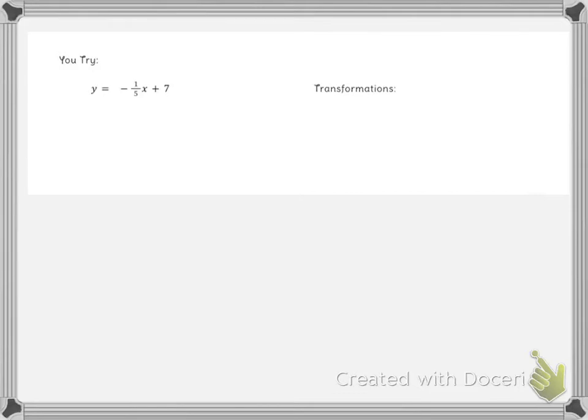Okay, hopefully you've worked it out by now. I see how many transformations? Yes, I have 3 transformations. So I have a vertical shift. The +7 is a vertical shift up 7. The positive means it goes up. Okay. The 1/5, is that a stretch or a shrink?